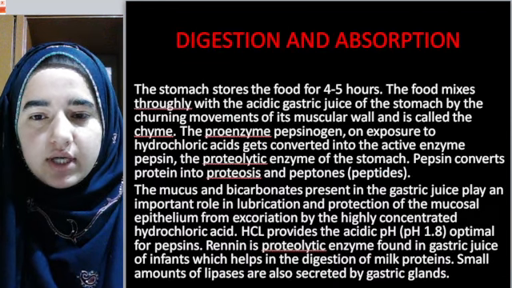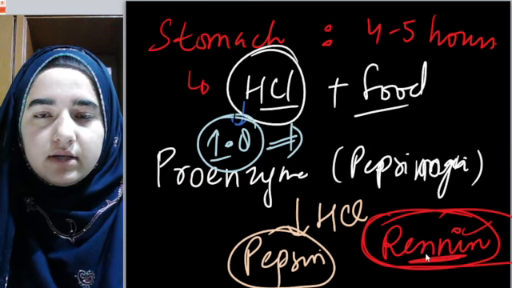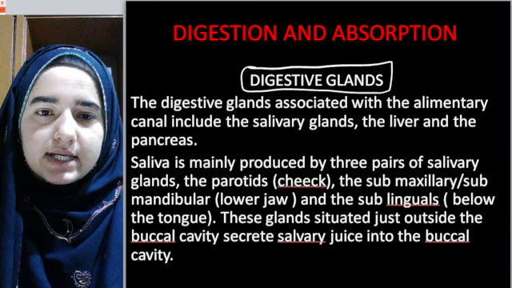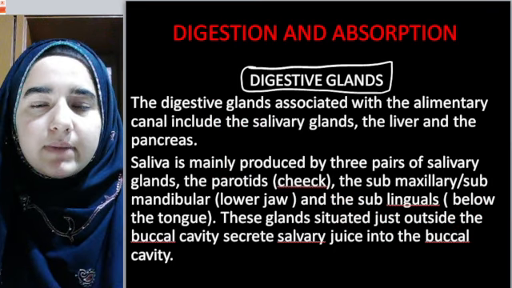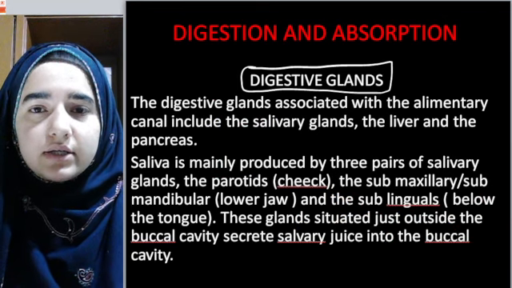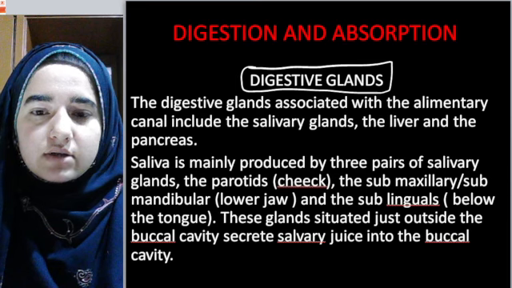In adults we have pepsin, but in infants we have renin. I hope this concept is clear about digestive glands. We learnt about salivary glands, liver, pancreas, and stomach, and what happens inside the stomach.